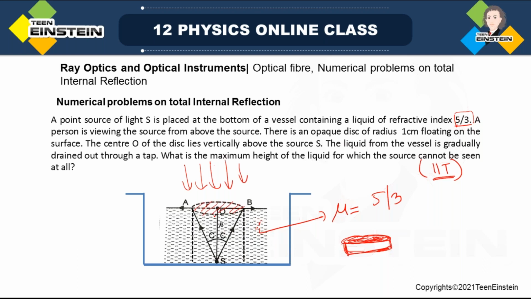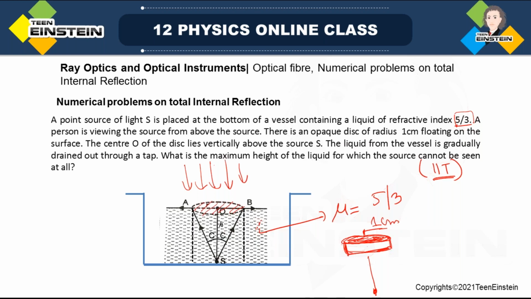Such a material is placed on the top of the surface, and this material has a radius of 1 centimeter. There is an opaque disc of radius 1 centimeter floating on the surface. The center of the disc lies vertically above the source.